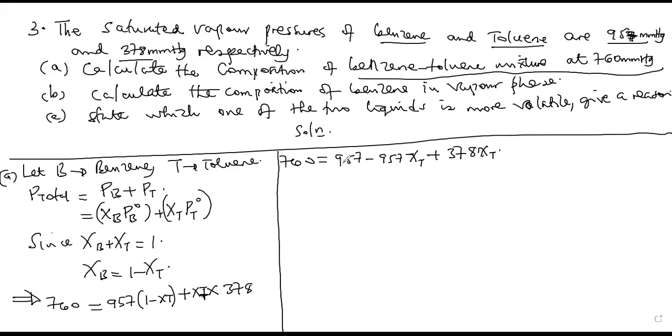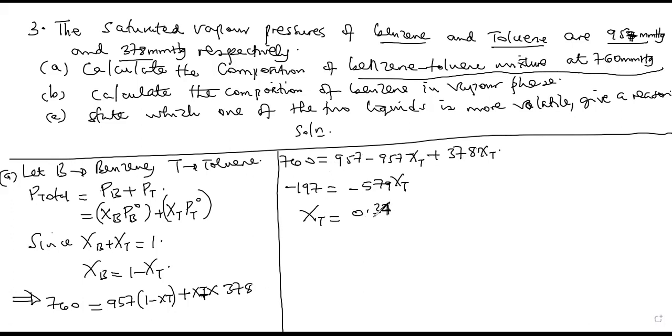So here, we are going to bring this on this side, 760 minus 957, you will get negative 197 is equal to minus 957 plus 378, you're going to get minus 579 XT, meaning that the mole fraction of toluene is equal to 0.34.